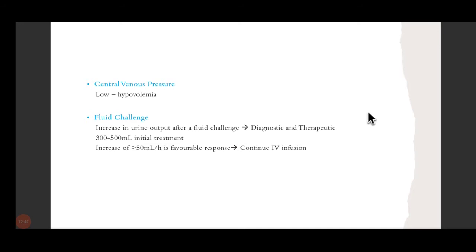If you see that the urine output is more than 50 ml per hour, this is a favorable response, and you should continue with intravenous infusion of crystalloids at this point so that you can actually treat the patient as well, once you've made the diagnosis.